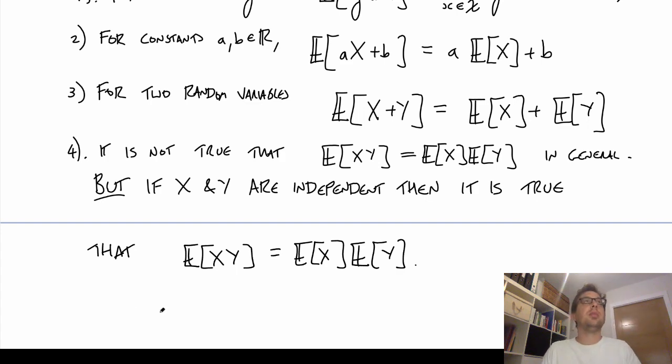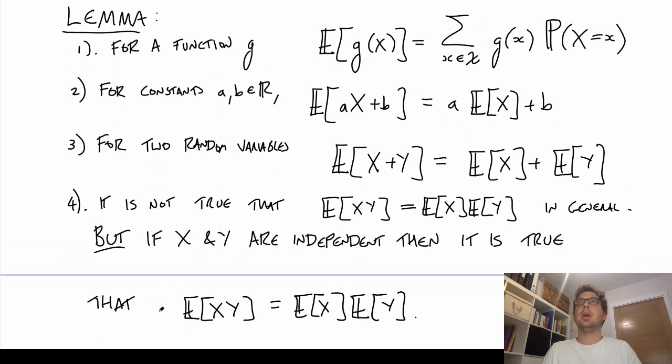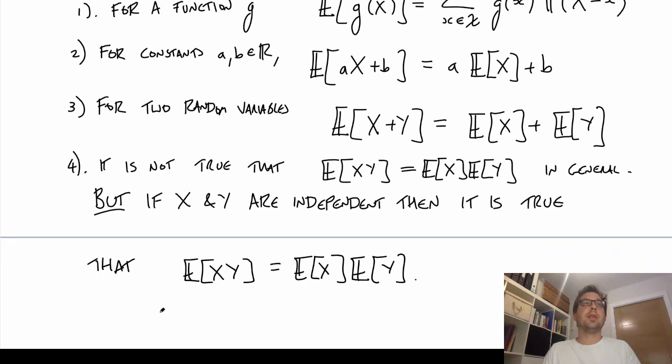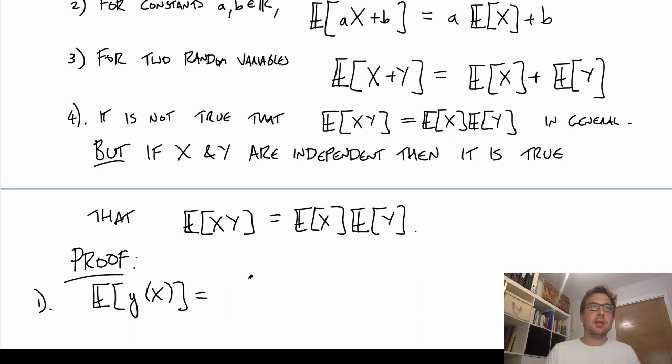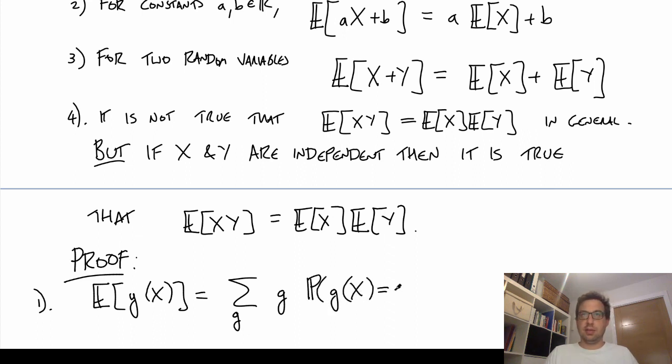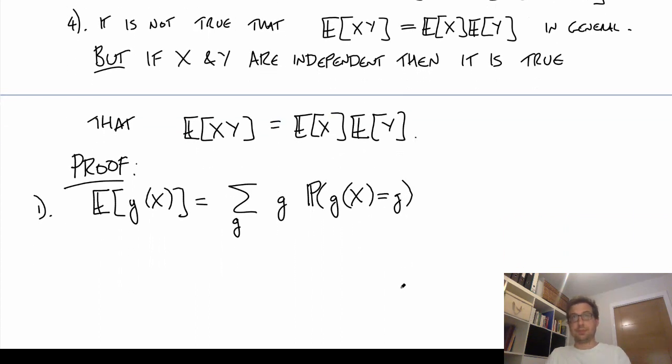I'm not sure if I proved them in the notes, so I'll just have a crack at them. So, first one. Well, E of g of X is really equal to, well, we've got this random variable that's g of X, alright? So it's really the sum over the values of g times the probability that g of X is equal to some number g, okay?